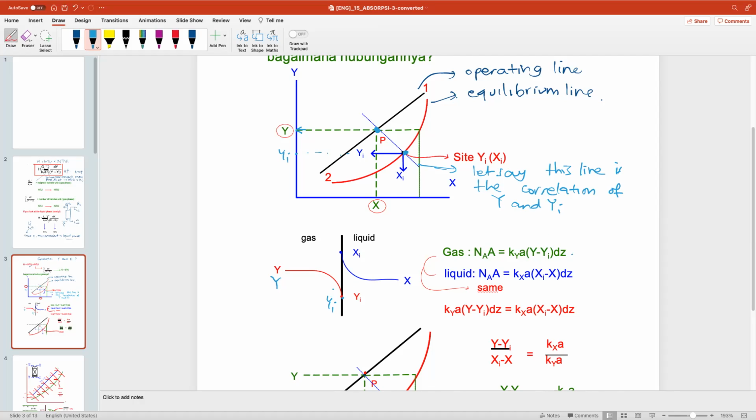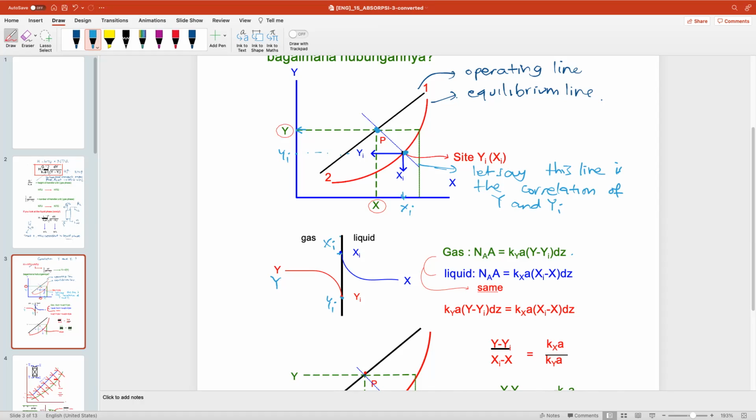Okay, in another way, from here the y will have a correlation with x, the yi will have correlation with x because it is equilibrium. So in this point, if I have this yi as the equilibrium, I can read into the x here, and this is my xi. So I can read my xi.